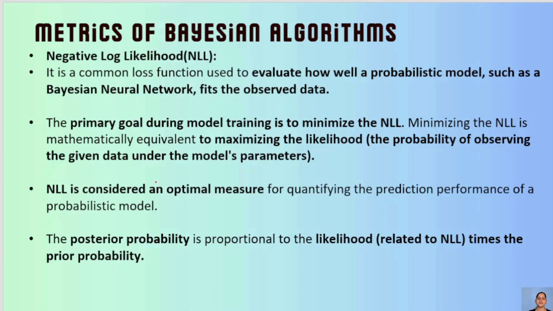It is an optimal measure for quantifying the predictions of probabilistic models. Always, your posterior probability is proportional to your likelihood and prior probability. That is a common factor in Bayes' theorem.